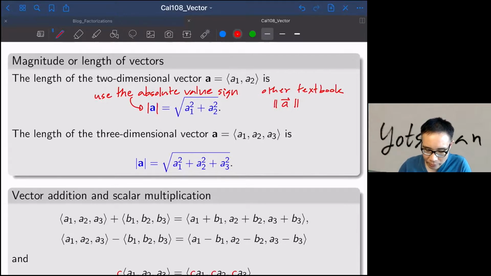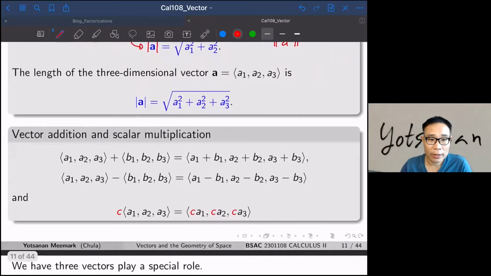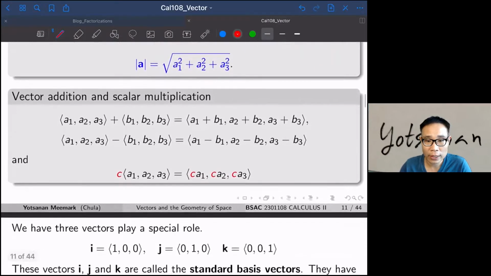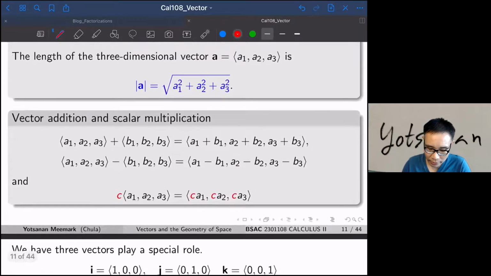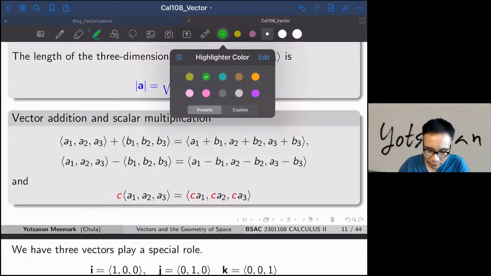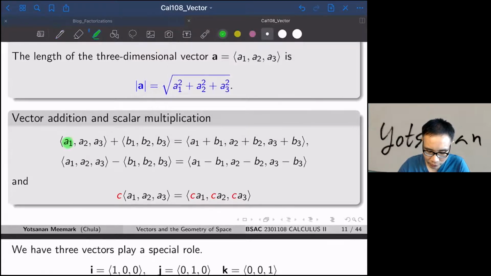And you are able to find the sum or the scalar multiplication of vectors. If you have the vector a1, a2, a3, and you'd like to add it with the vector b1, b2, b3, you just add the first components together, the second components together, and the third components together. So it's the green together, the yellow together, and the pink together, and that's all.